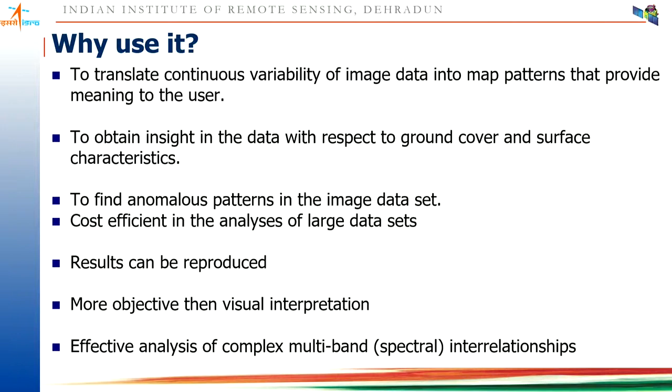Suppose there is an agriculture area and some fields are showing very bright reflectance. Maybe they have more salt content, they are more dried, because the soil pattern would not change over such a small area. So such anomalous patterns can be found out using digital image classification.